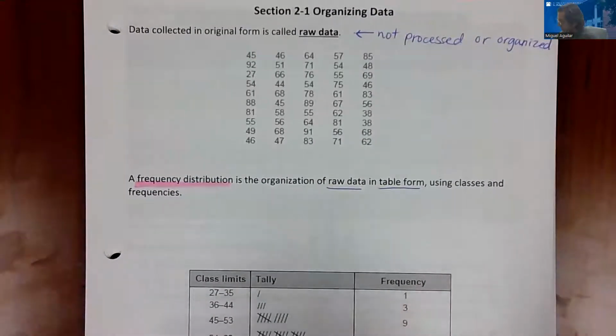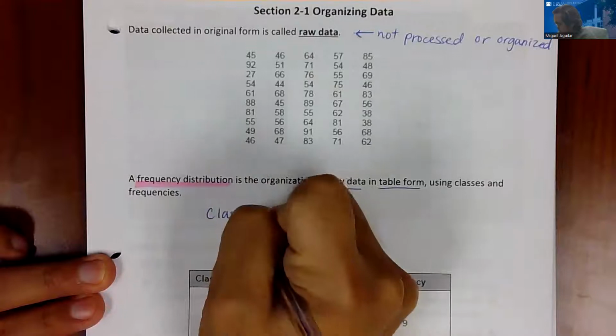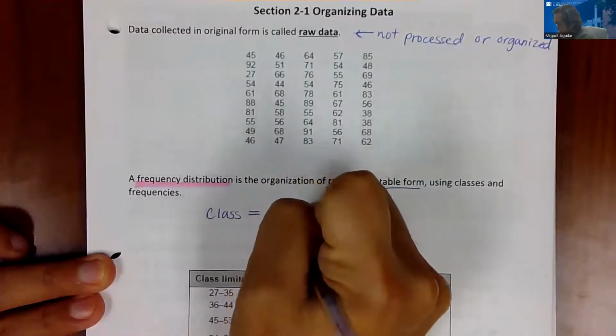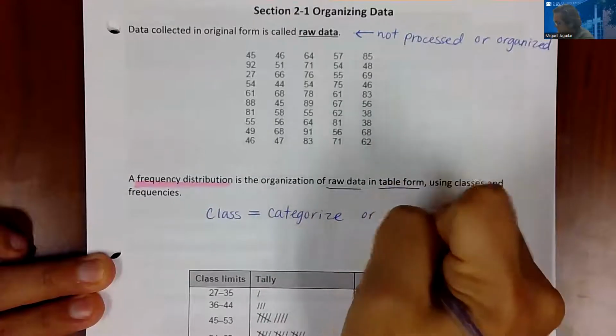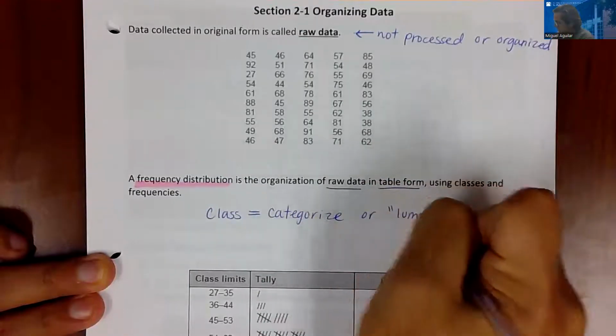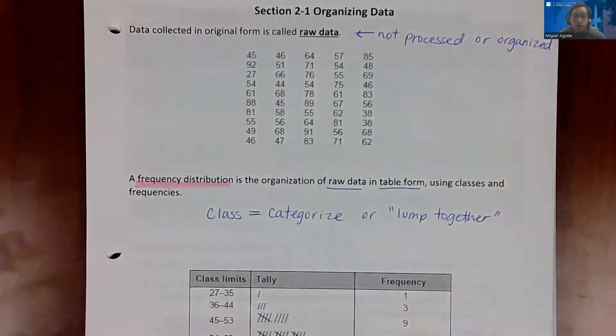Okay, using classes and frequencies. Here, the word class means like we're going to categorize or lump together those numbers, right? The numbers that are close together, we're going to say that they're roughly in the same class.